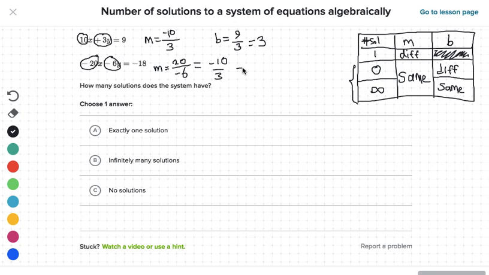This one here, we have negative 18 over negative 6, which when we simplify, 6 goes into 18 3 times. Negative divided by a negative is a positive. So we actually have the same y-intercept as well. Same slope, same y-intercept is going to give us infinitely many solutions.